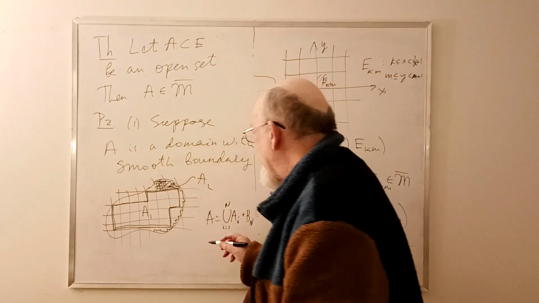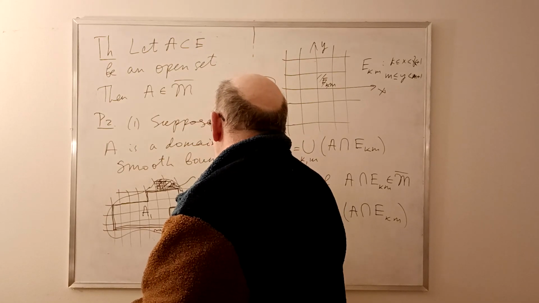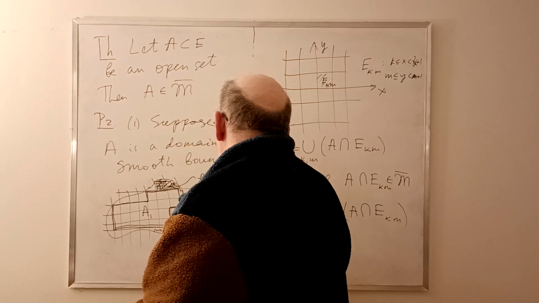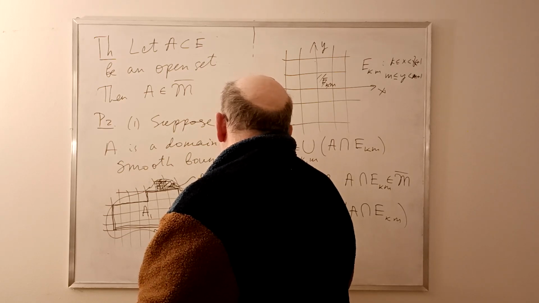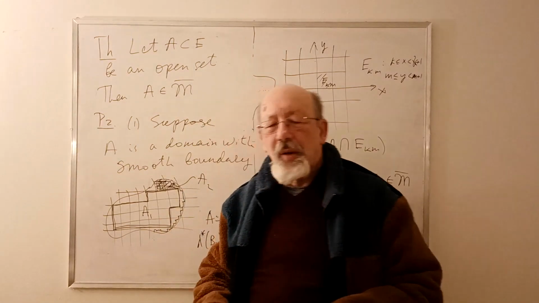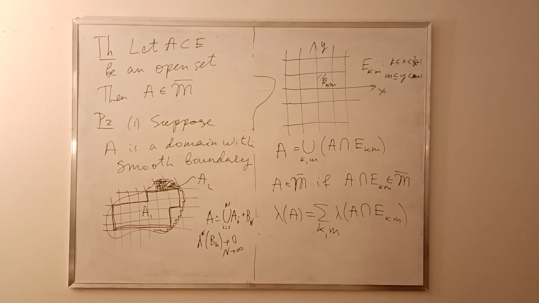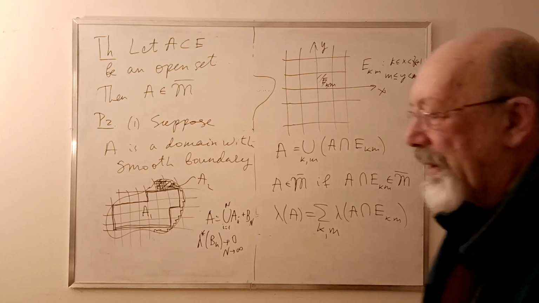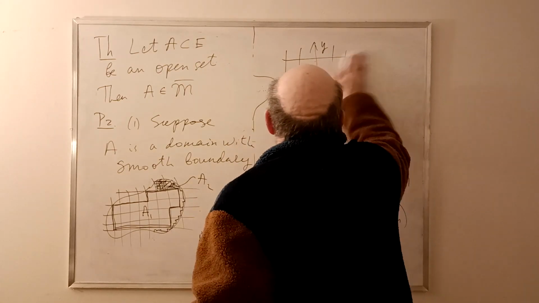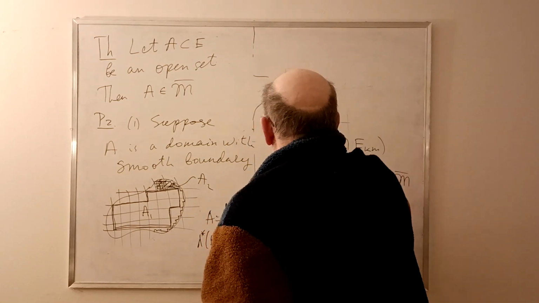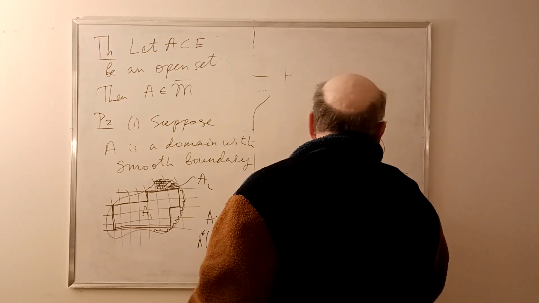And this remainder has the property that lambda star of B_n goes to 0 as n goes to infinity. So for domains with smooth boundary, it is simple. Now, how to reduce everything to this case?